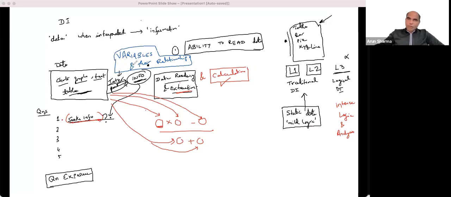So when I talk about data reading, the key skill involved in data reading is to be able to identify this. And not only identify those variables: like in a maths question, variables are of two types, the given and the hidden.